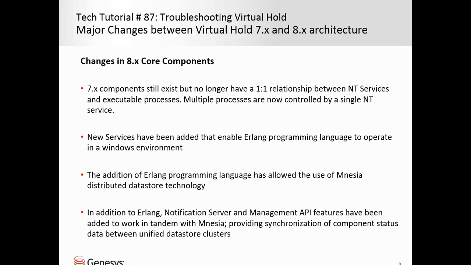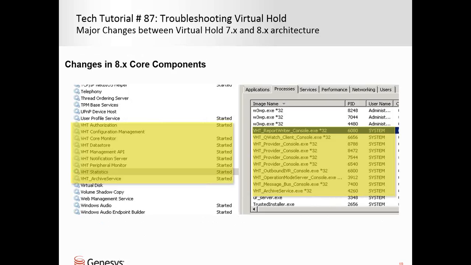Here's a view of the NT services and Task Manager reflecting the new Virtual Hold architecture provided in the 8.x release. As you can see, there are some new components that are initialized by the new set of services and some consolidation of processes within a single executable.